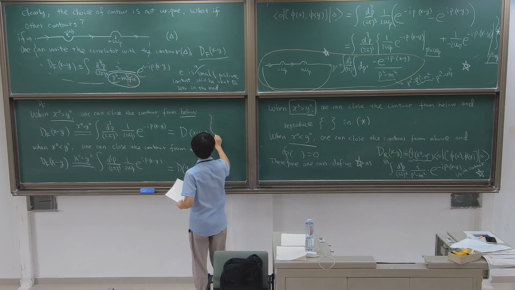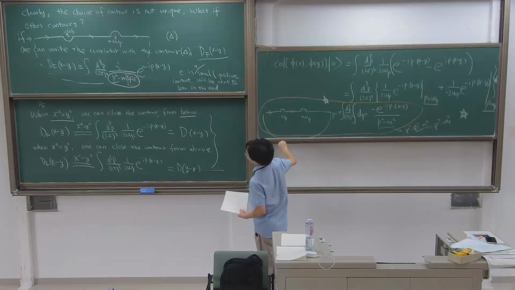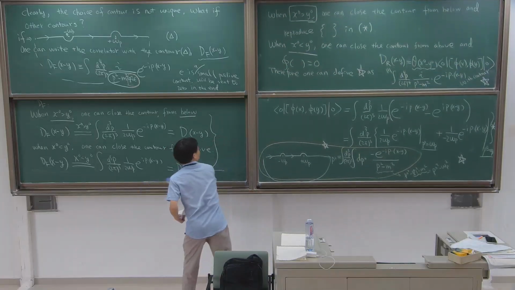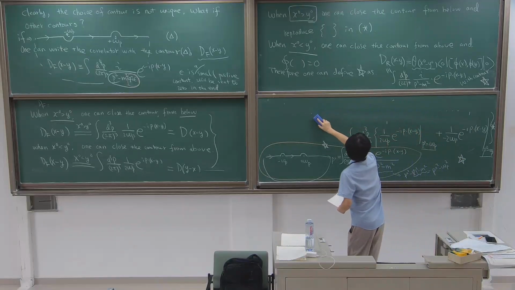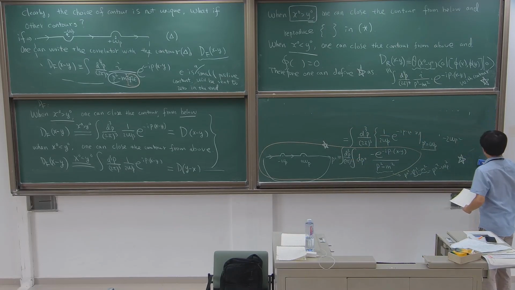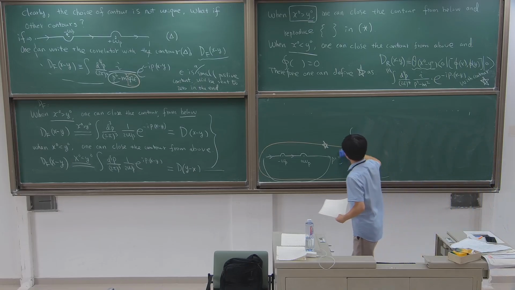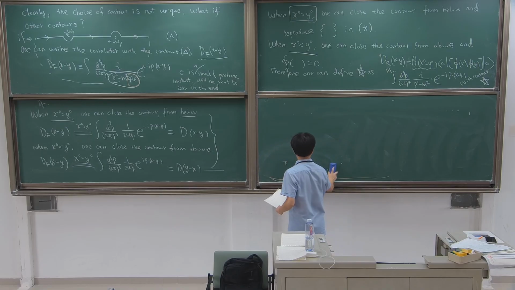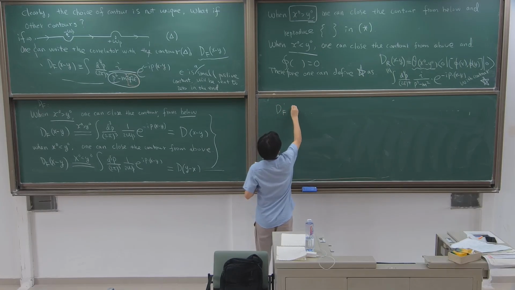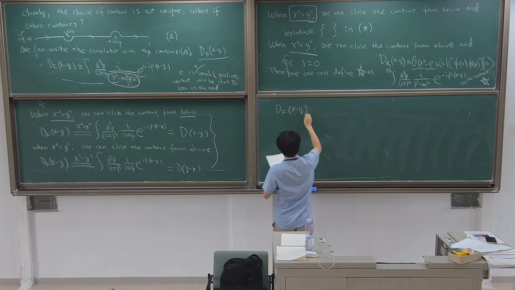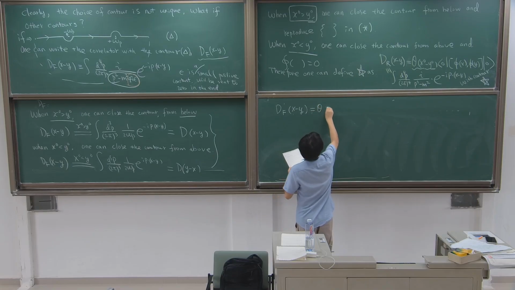So summarize these two results. df of x minus y is, again, its usual step function.